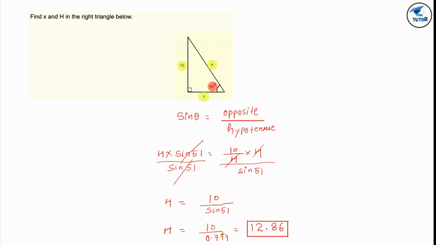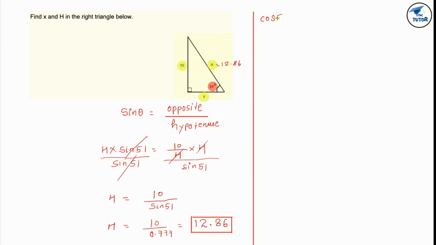Now you know hypotenuse. So now we'll do cosine. We need adjacent, and cosine ratio involves adjacent. Or the third option is you can use Pythagoras theorem simply. Cosine 51 degrees takes the ratio adjacent, which is x, over hypotenuse, which is 12.86.